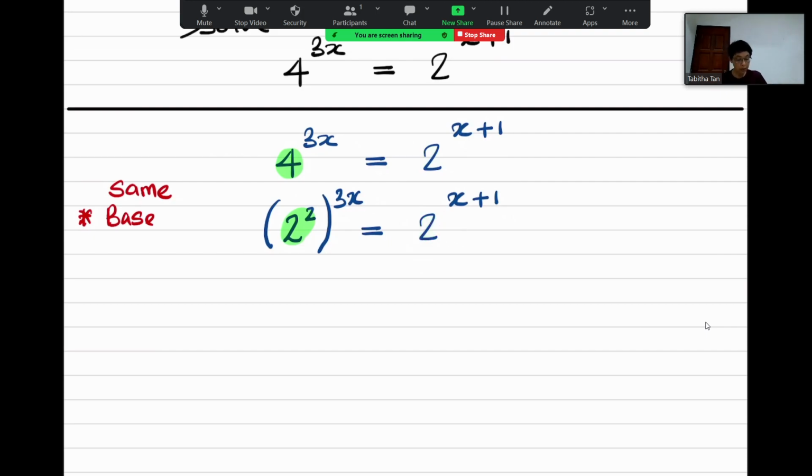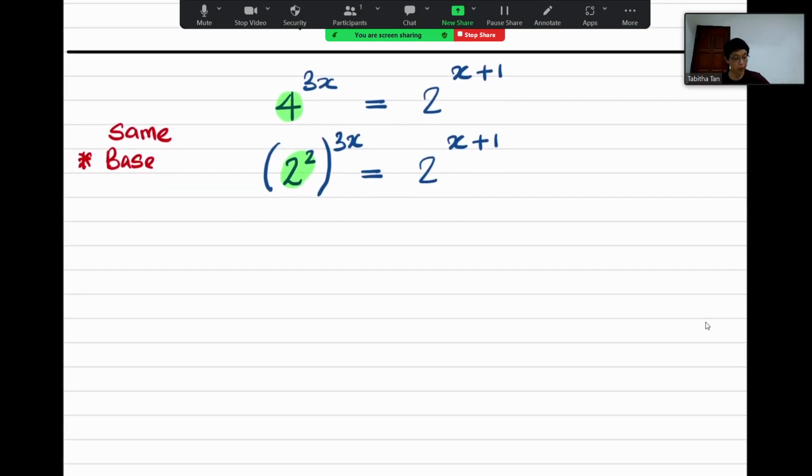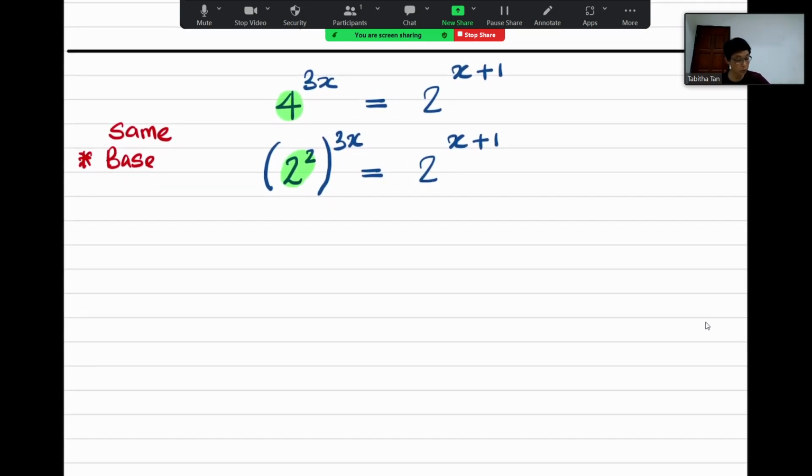Now the next thing, you will see that there is a power and again to another power of 3x. And as our revision for the indices rule, what does the indices rule tell us?